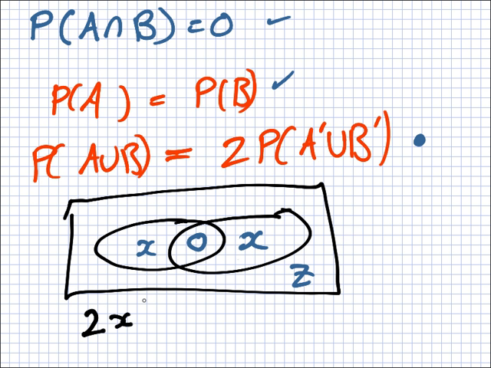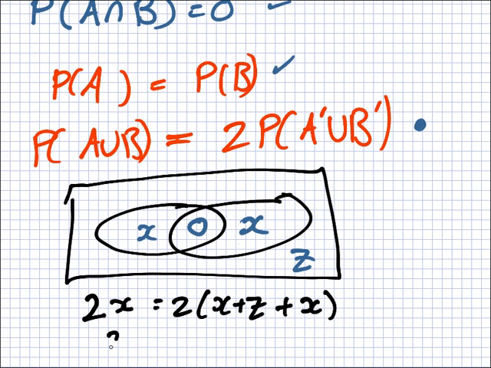And then that's equal to twice not A, and then not B. So you get 2x equals 4x plus 2z. What does that give you? That gives you x plus z equals 0.